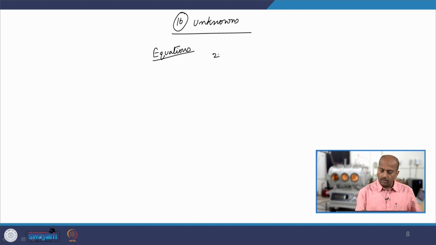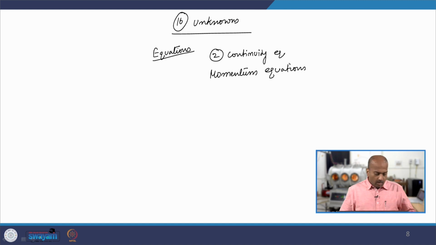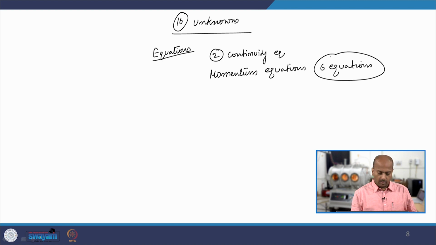We have 2 continuity equations. We have momentum equations, which are vector equations that, upon expanding, can be written in 3-component form, so we have 6 equations from the momentum equation.